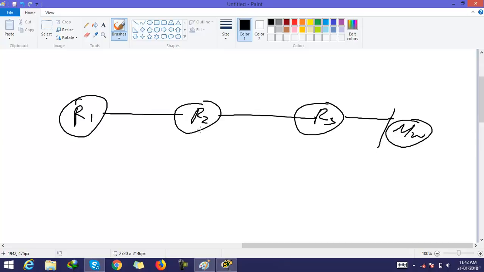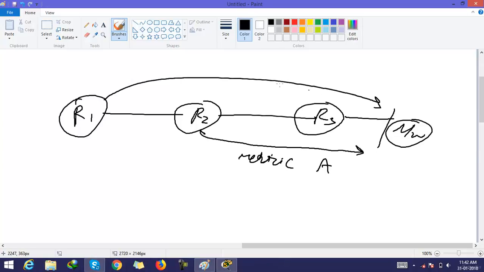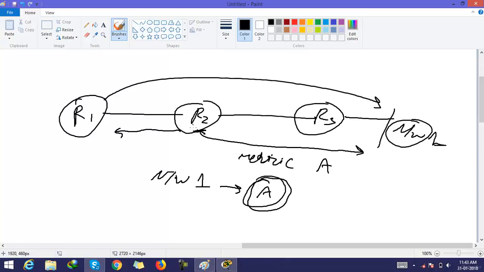For reaching this network via R2, the metric is, for example, A. Via R1, this network is also reachable, but R2 sends a packet to R1 and says network 1 is reachable by me and the metric for me to reach network 1 is A. This is the metric to reach this network via R2 by R2.